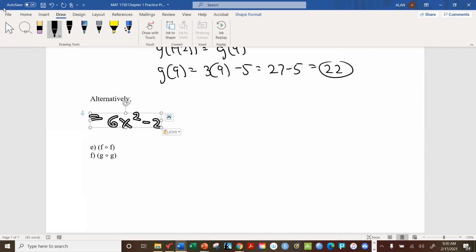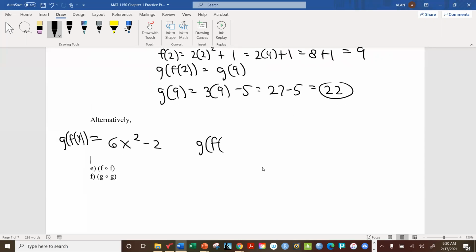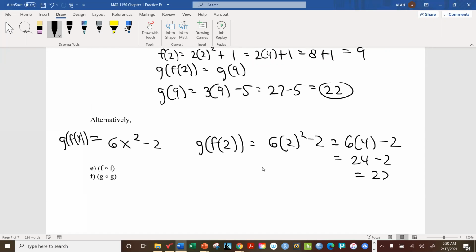Since g of f of x equals this expression, it must be the case that g of f of 2 would simply be 6 times 2 squared minus 2, which is 6 times 4 minus 2, which is 24 minus 2, which is, of course, 22.